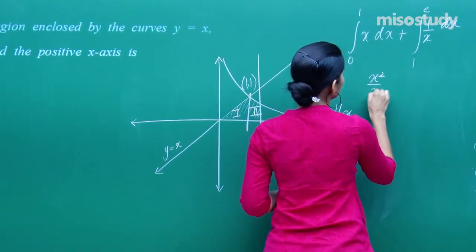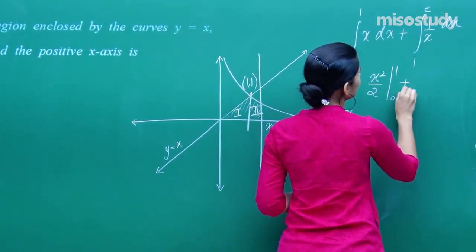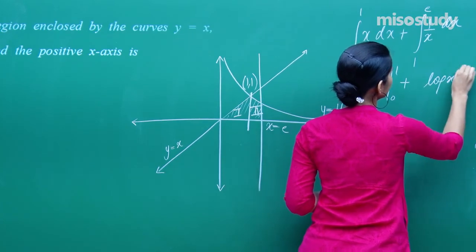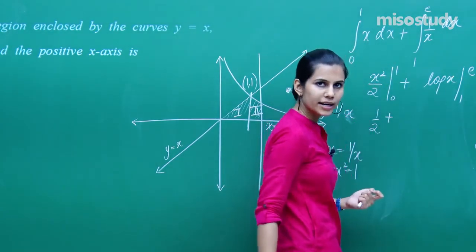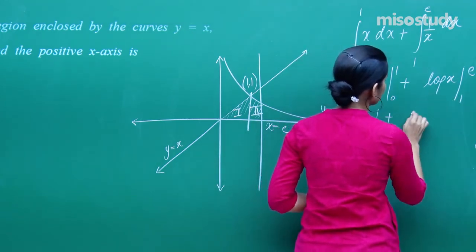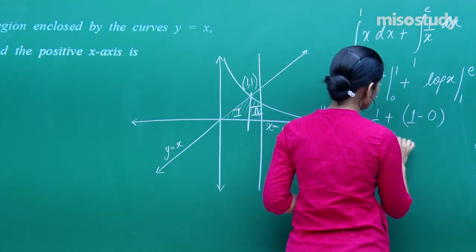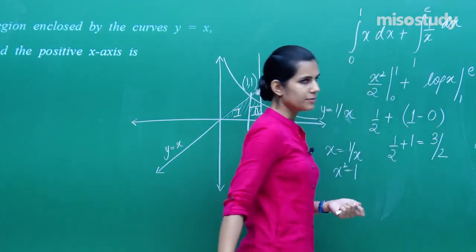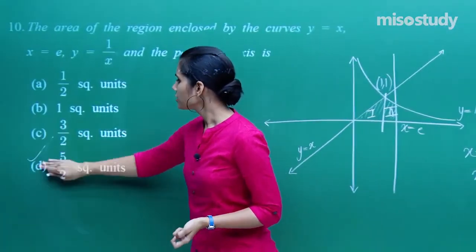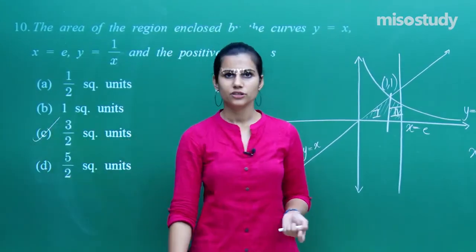This is x square by 2 from 0 to 1 plus log x from 1 to e. This is 1 by 2, plus log e is 1, minus 0. So you get 1 by 2 plus 1, which is 3 by 2, and your answer for this question is 3 by 2.